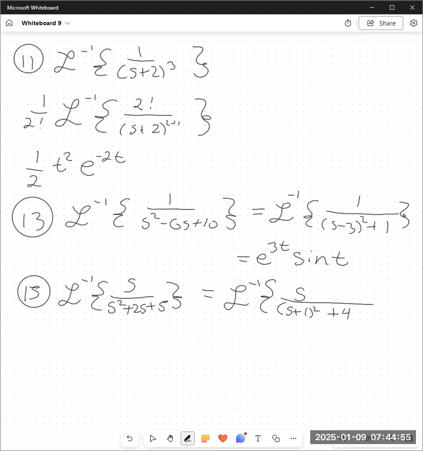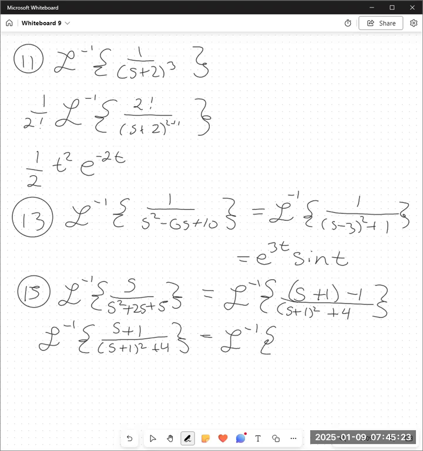I need to make this plus 1 and minus 1. So this splits up into inverse Laplace transform of s plus 1 over s plus 1 squared plus 4, and that minus inverse Laplace transform of 1 over s plus 1 squared plus 4.